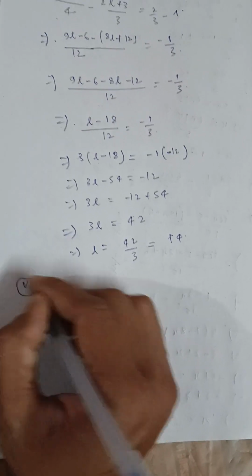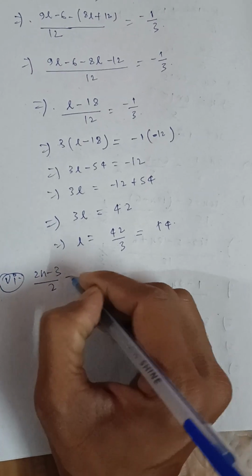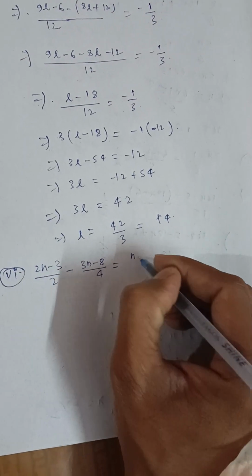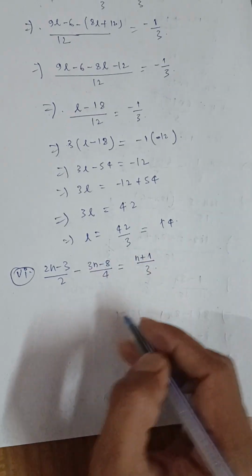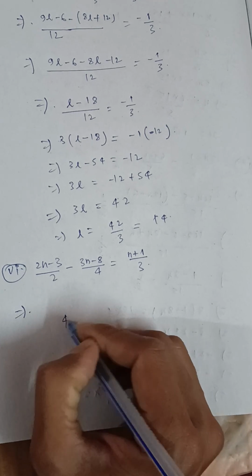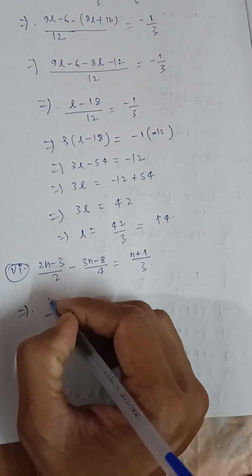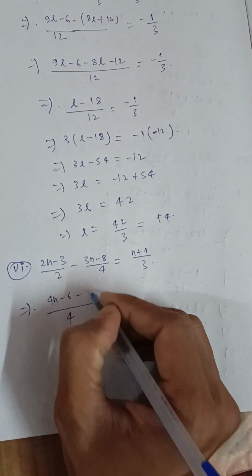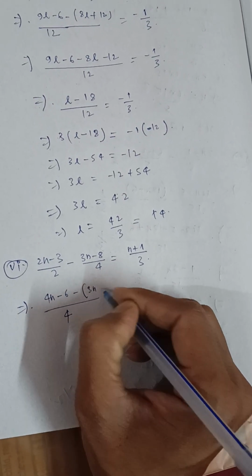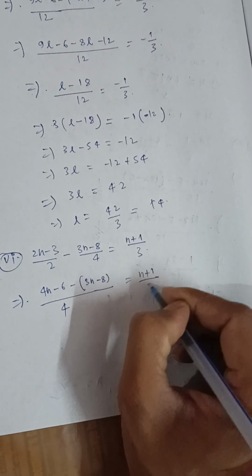Sixth question is (2n minus 3) divided by 2 minus (3n minus 8) divided by 4 equals (n plus 1) divided by 3. Here the LCM of 2 and 4 is 4, and 4 divided by 2 equals 2, so 2 into (2n minus 3) equals 4n minus 6, minus 1 into (3n minus 8), divided by 4, equals (n plus 1) divided by 3.